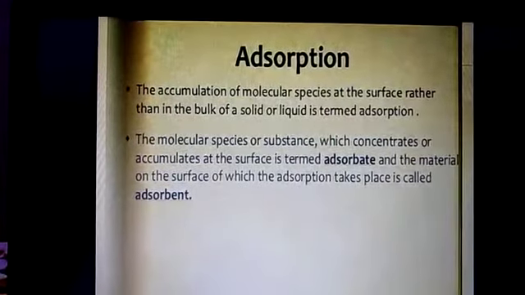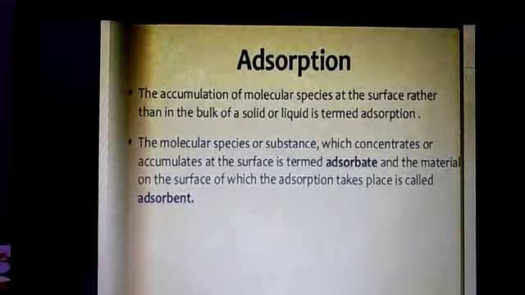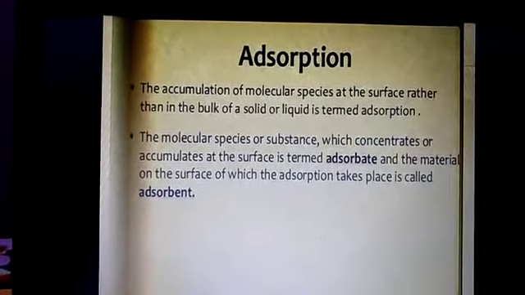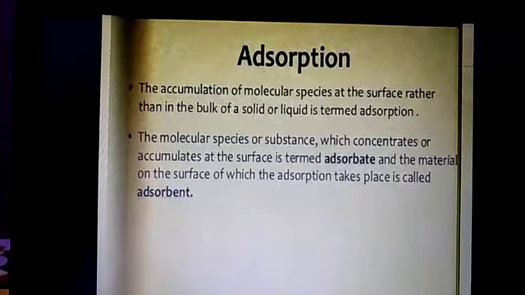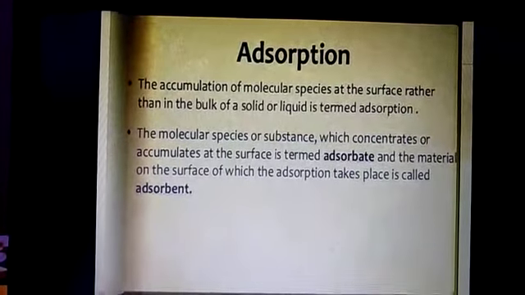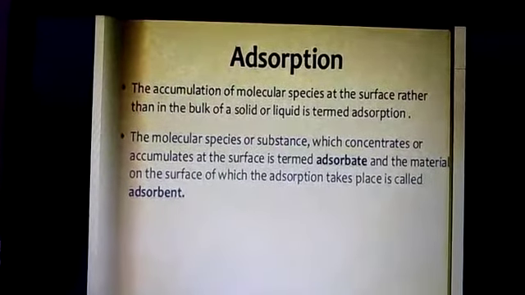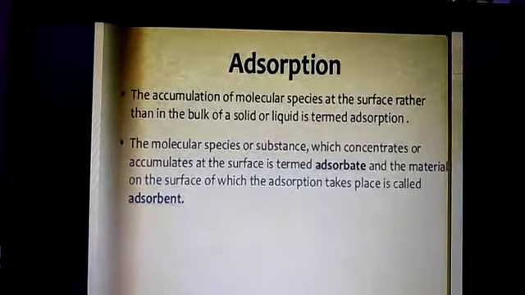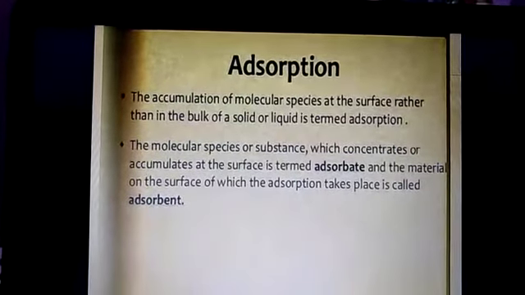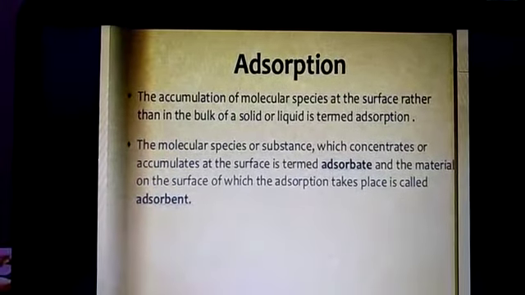The substance thus adsorbed on the surface is called the adsorbate, and the substance on which it is adsorbed is called the adsorbent. The reverse process, that is, the removal of the adsorbed substance from the surface, is called desorption, which can be brought about either by heating the surface or by reducing the pressure.